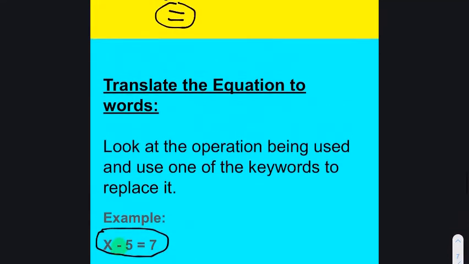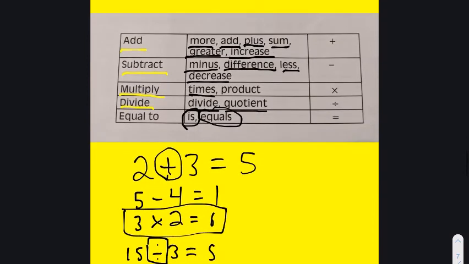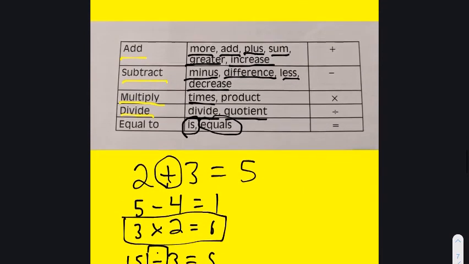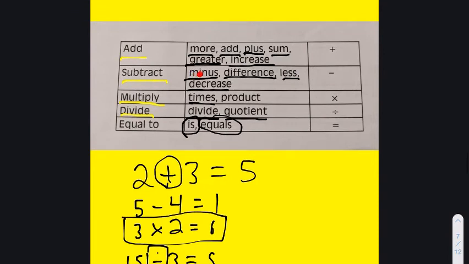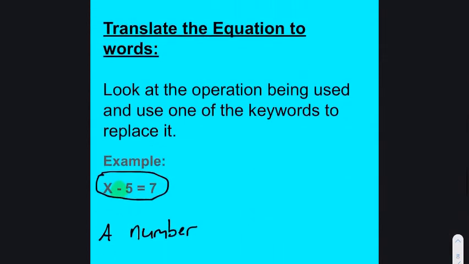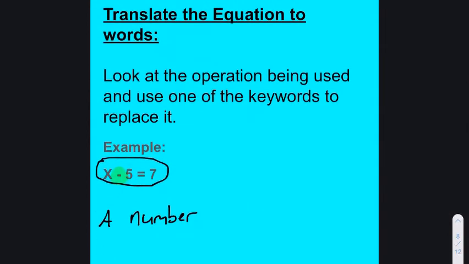Let's go back to our keywords right here. What is a subtraction word that we can use? Let's go with the word minus. So, a number minus 5. So we've just written x minus 5 as a number minus 5.